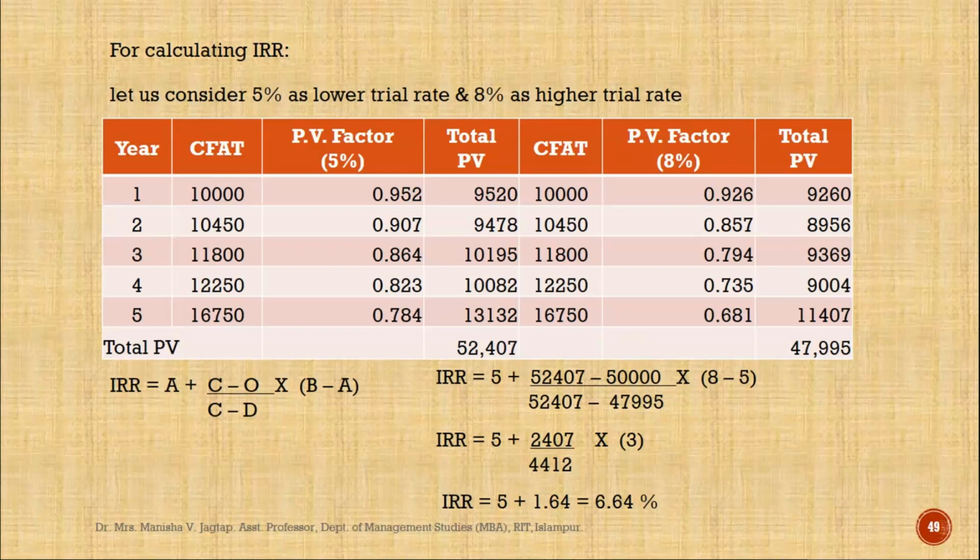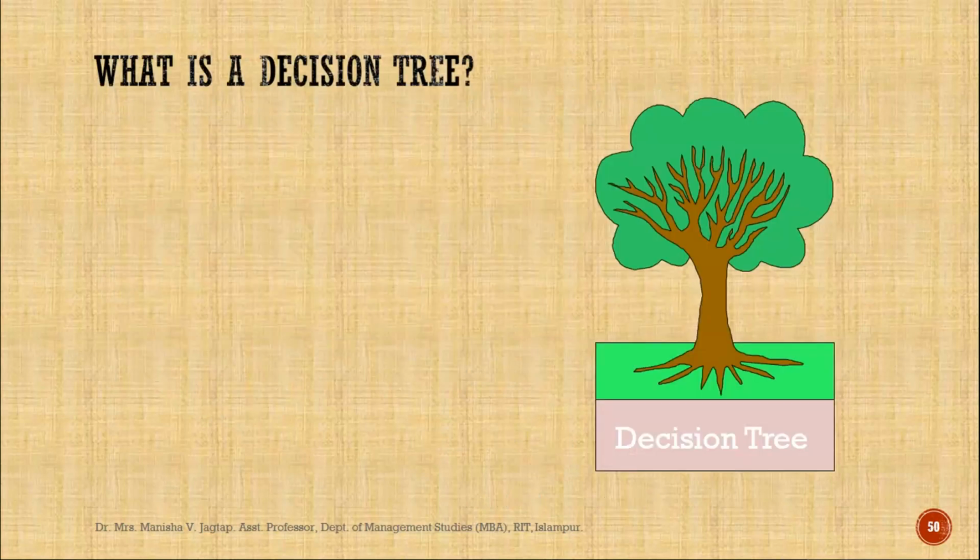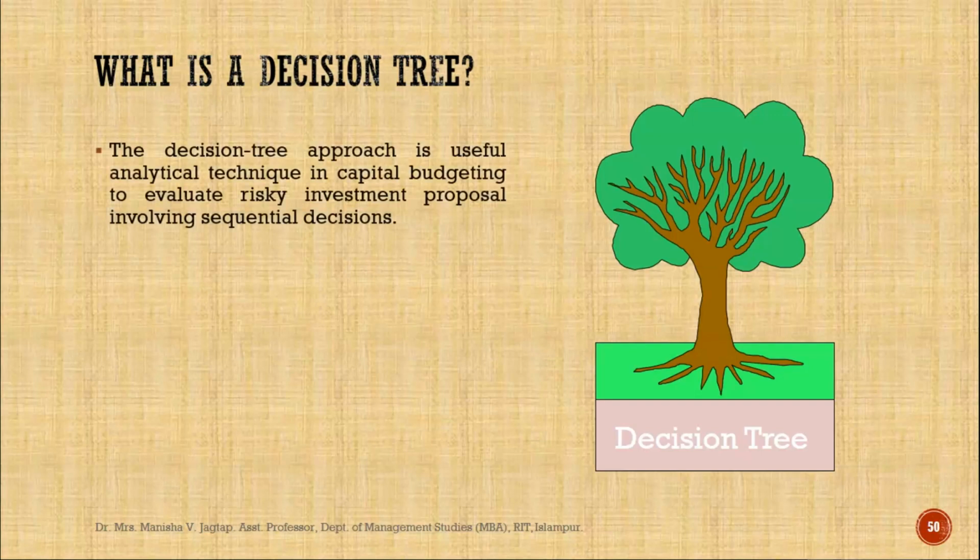Now the next part is concerned with decision tree. So what is a decision tree? A decision tree is useful analytical technique in capital budgeting to evaluate risky investment proposal involving sequential decisions.